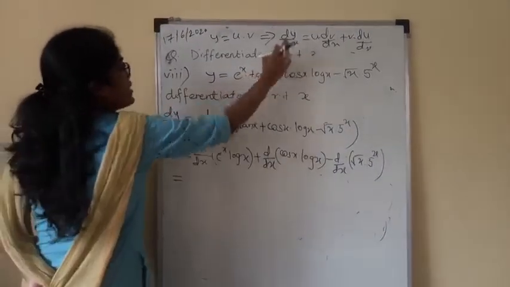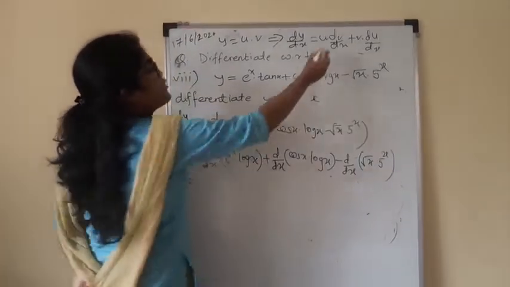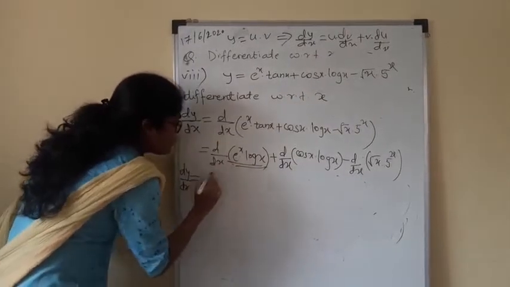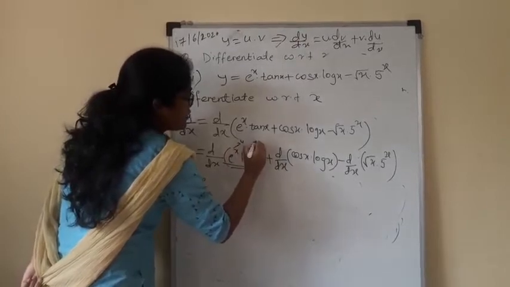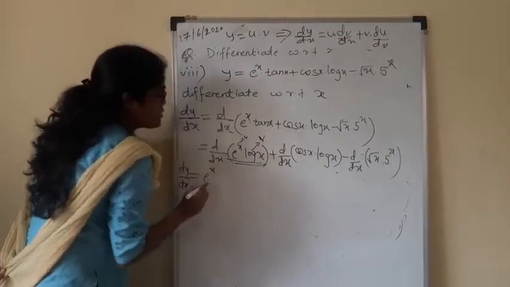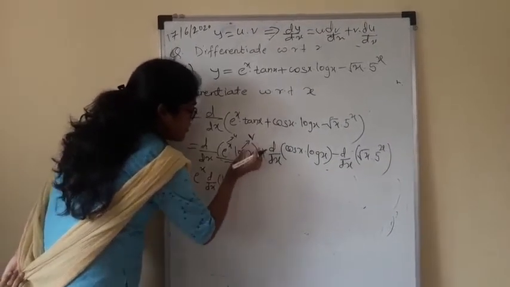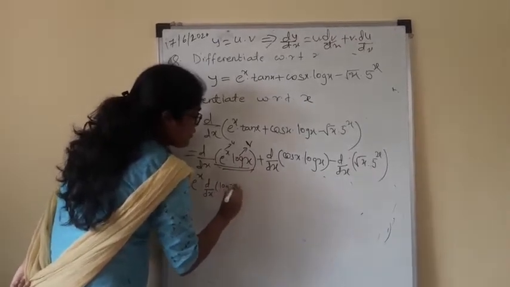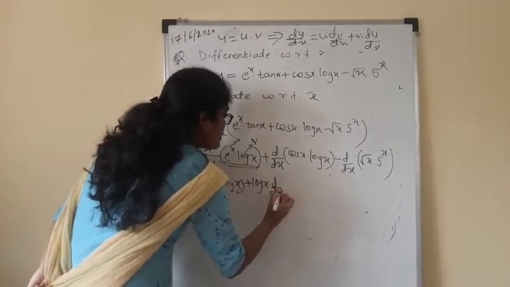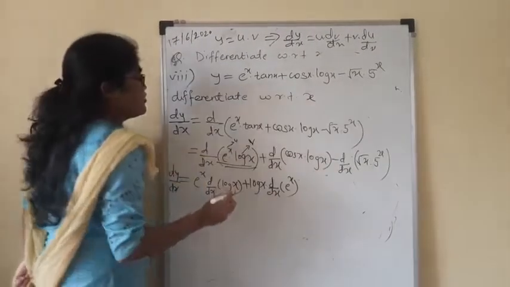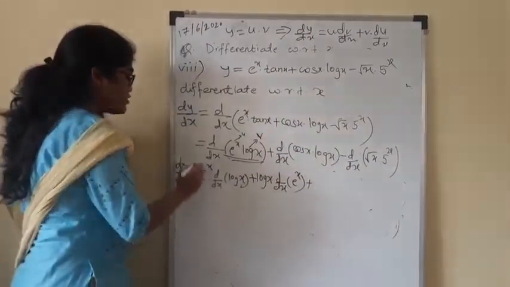So here dy by dx, derivative of y is dy by dx, u as it is; here this is u and this is v. U as it is, e raised to x into d by dx of log x, plus log x into d by dx of e raised to x, plus, now here again we are going to use the product rule.